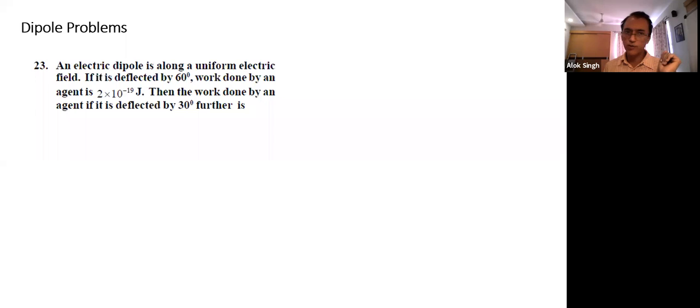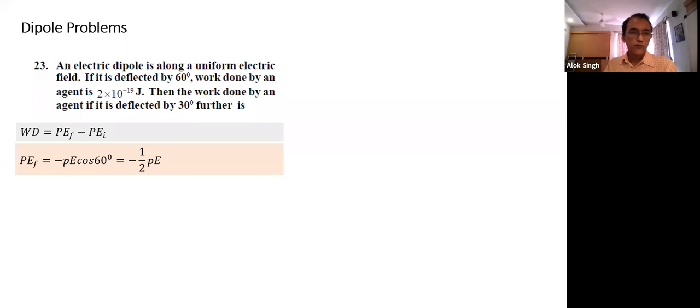Now let's start simple substitution. What is work done? Final potential energy minus initial potential energy. How am I going to calculate potential energy? Minus PE cos theta. So the final potential energy in the first case is minus P into cos of 60, because it's making an angle of 60. So final potential energy is equal to minus P by 2. What is the initial potential energy?